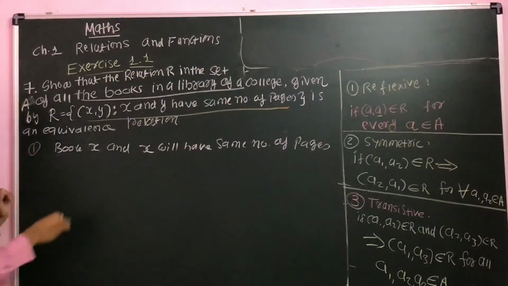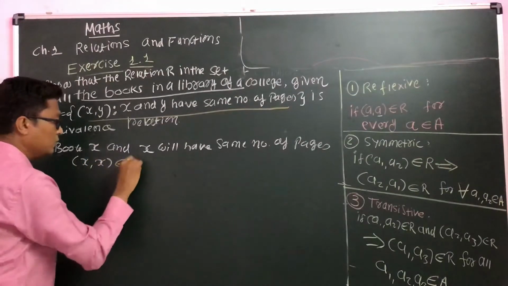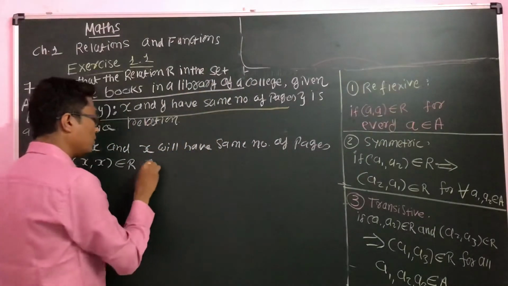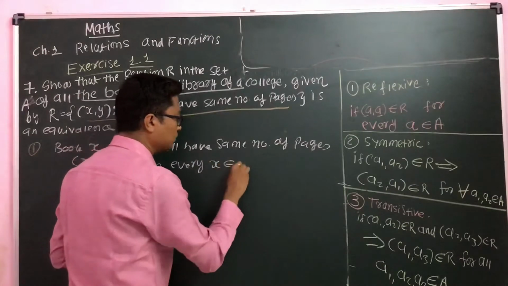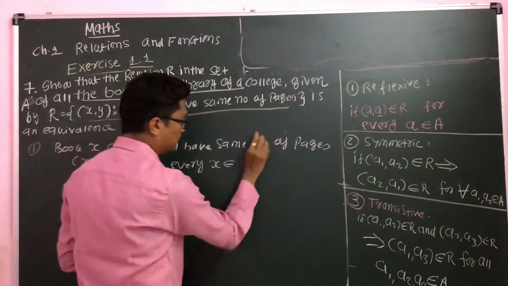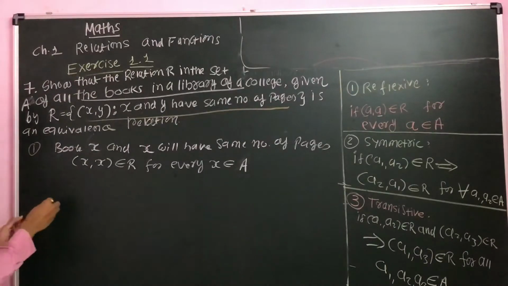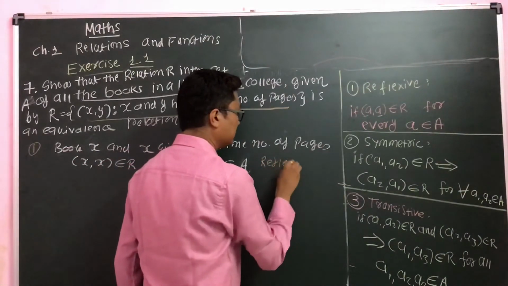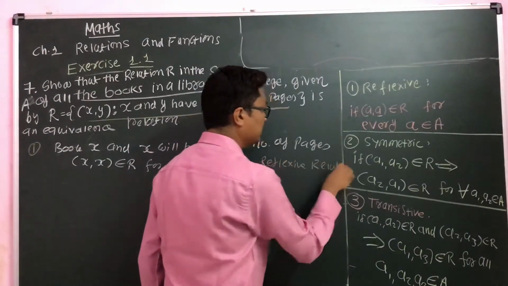Hence what I can say is (X, X) belongs to R for every X belongs to A. ठीक है? So what I can say is it is a reflexive relation.